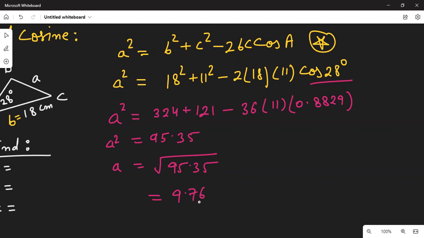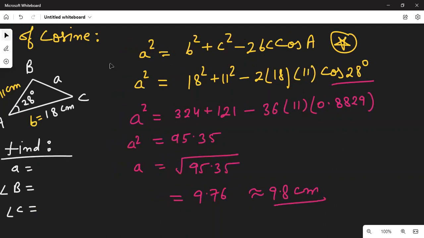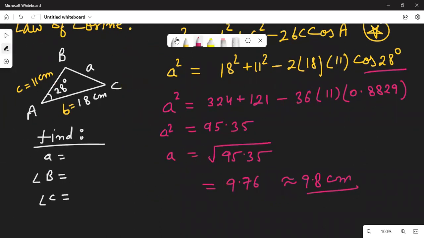But if we round off, we can say approximately that side should be 9.8. It is in centimeters. So that is the value of A. You got it. So let us write here, our A is going to be 9.8 centimeters.